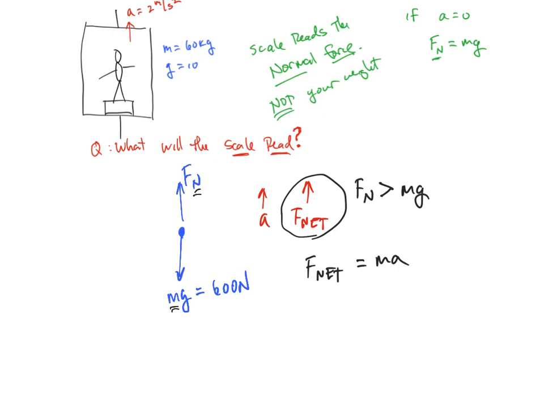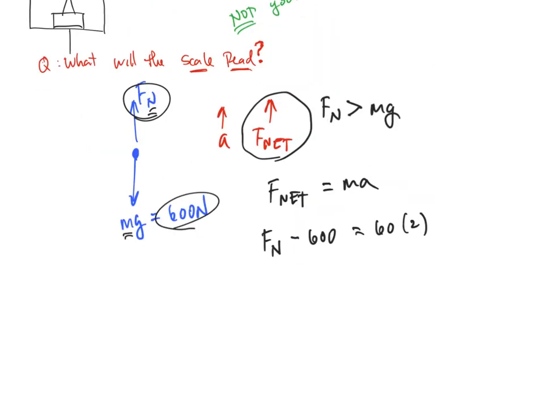So I'm going to write this as F sub n minus 600, bigger minus smaller, equals 60 times a. And I know that a is 2. So that tells me F sub n equals 600 plus 60 times 2, which is 120. So the normal force is just 720 newtons.